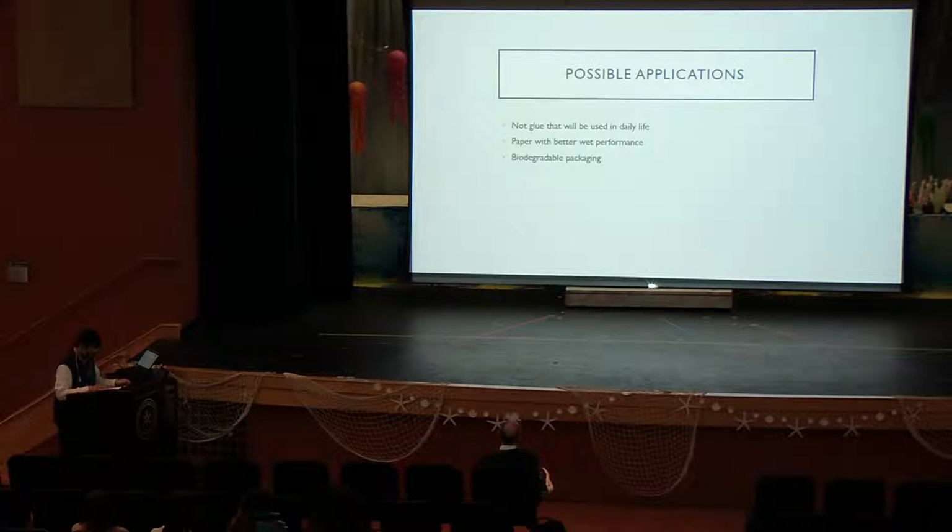cellulose cross-linking still has the potential to create papers with better wet performance. And such papers could find applications in areas such as recyclable straws or food packaging. If you have used a paper straw, you might find it very difficult to use.